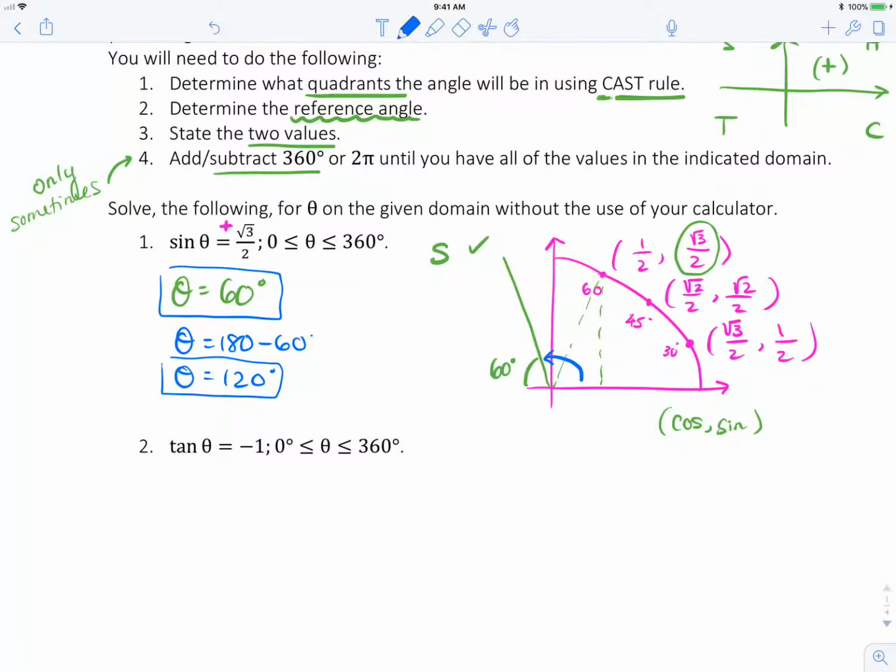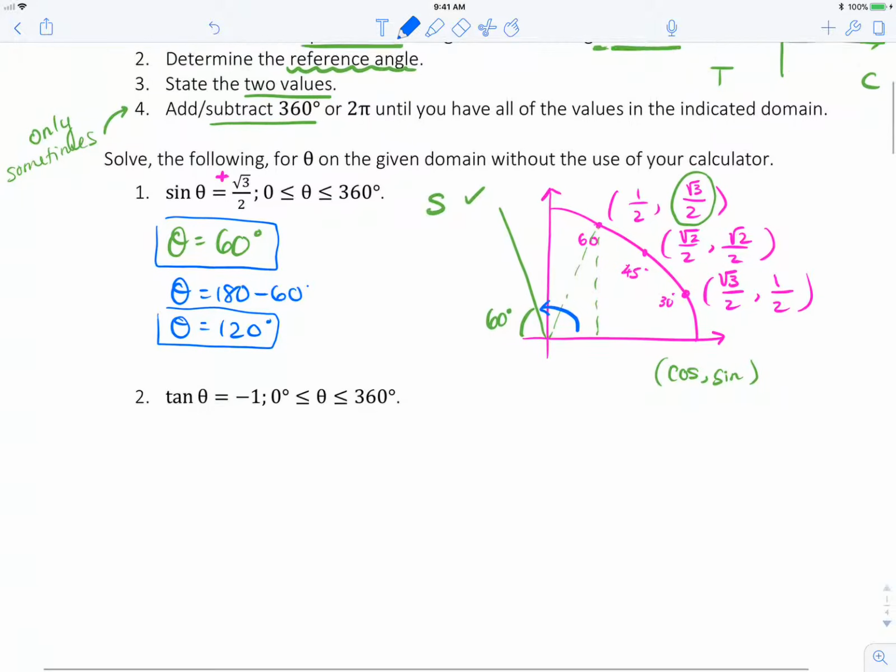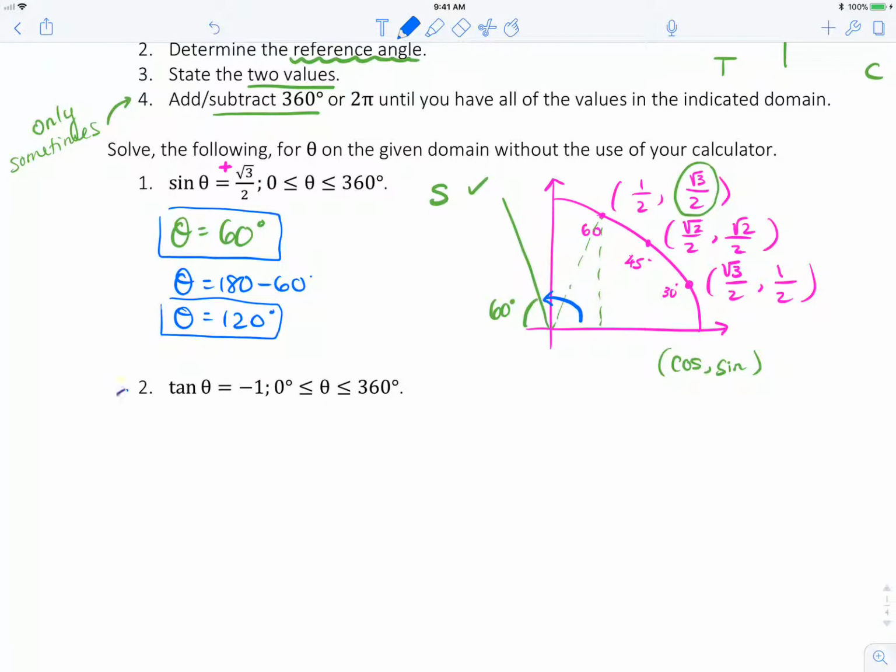So this question should be pretty familiar from last time. Question 2 is a little more challenging because it's tangent. From last class we said that tangent is the ratio of sine over cosine. So if I'm told that my tangent ratio is -1, what do I know about sine and cosine?